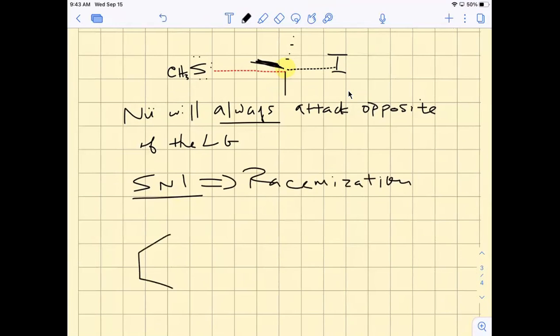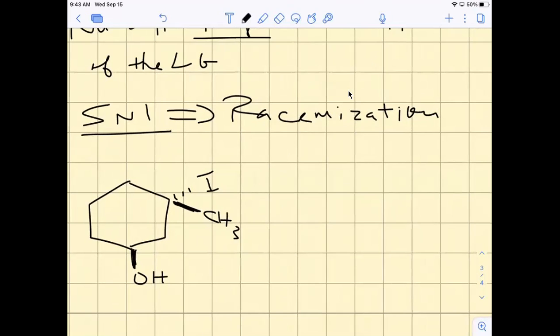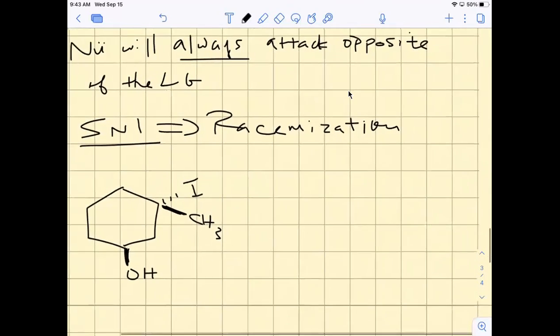So if it's SN1, I'm going to add a methyl group right here to make that carbon tertiary, right?